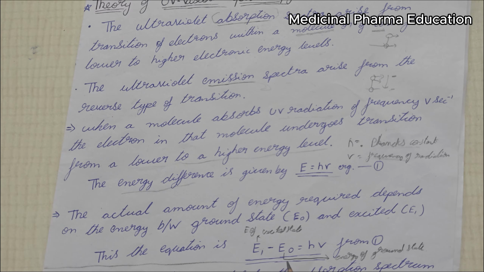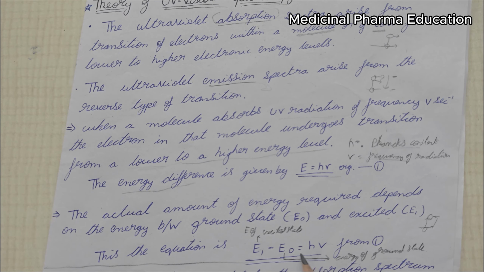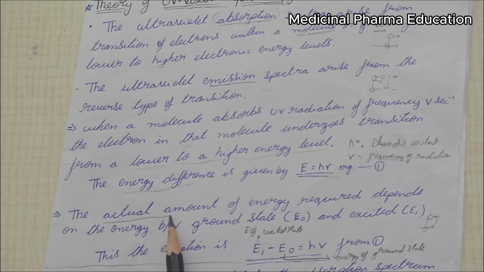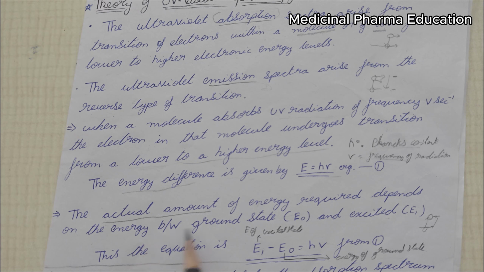If you want to find the actual energy required for the emission or absorption, for traveling from the ground state to the excited state, then we calculate excited minus ground state, and we get the actual energy required for the molecule or the sample to travel from the ground state to the higher energy levels. That's the main formula for the traveling.